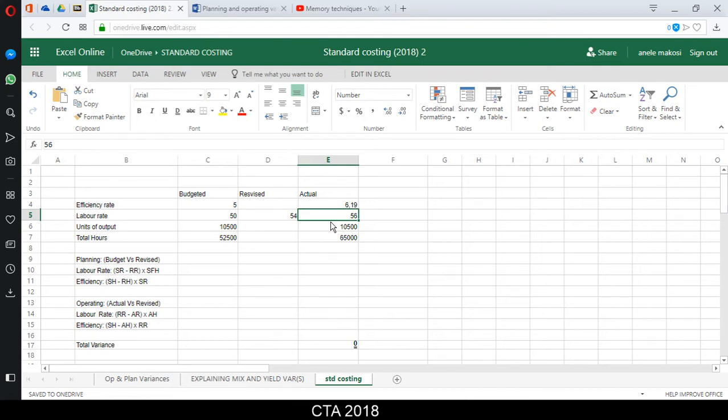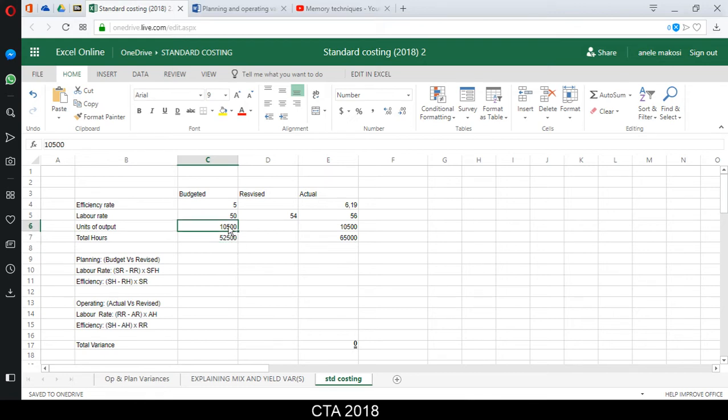It's given. Now coming to the units of output, remember when I said when we calculate our variances, we always flex the budget. So we are not under the budget, we're going to use the actual units, because at the end we want to have the total flexed hours of 52,500.